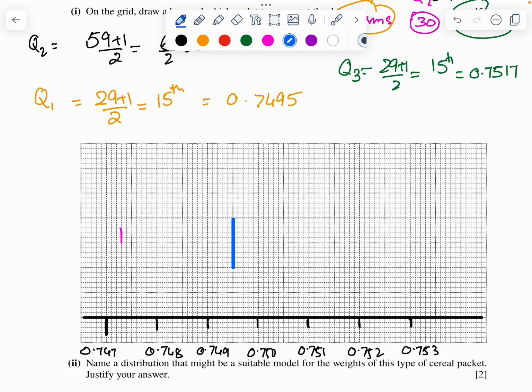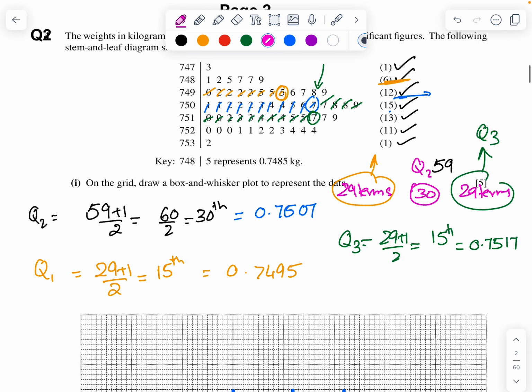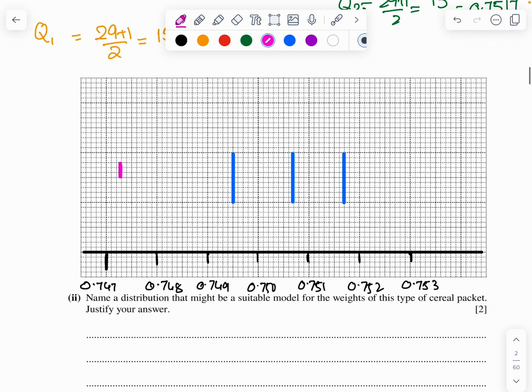Then Q2 is 0.7507. Then Q3 is 0.7517. And the highest value is 0.7532.